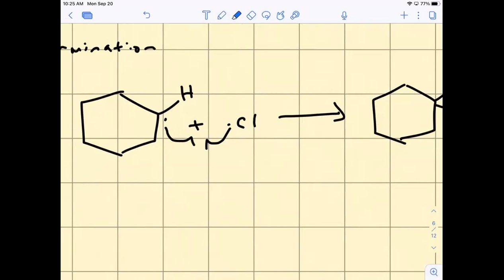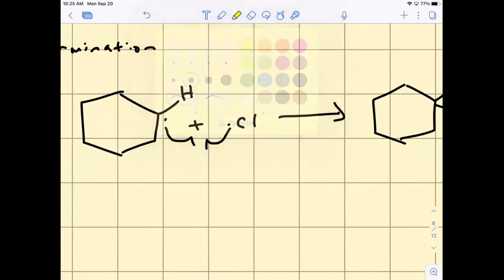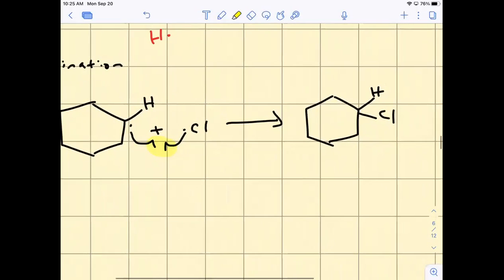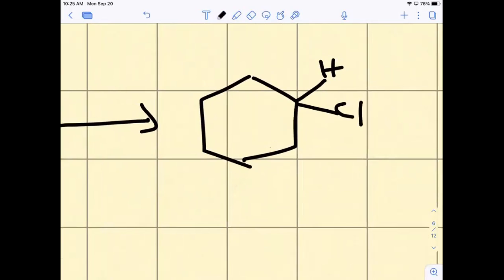And where they meet is indicative of the fact that there's going to be a bond formed between those two atoms. Right? So if I just drew one arrow from chlorine to that electron, that wouldn't be correct, because if it's homolytic, both atoms give one electron to form a bond. Let me fix that. All right. And then I'll put those in.